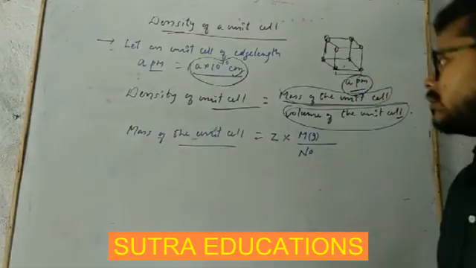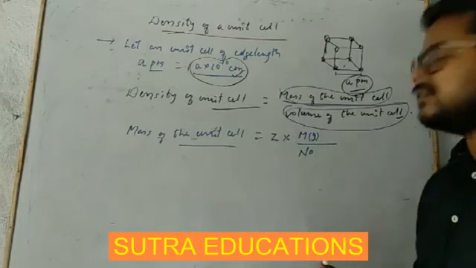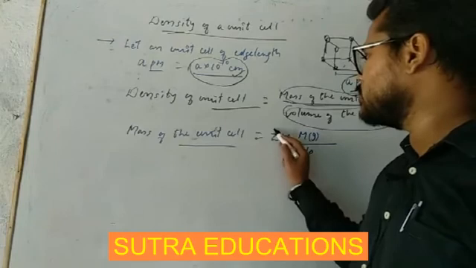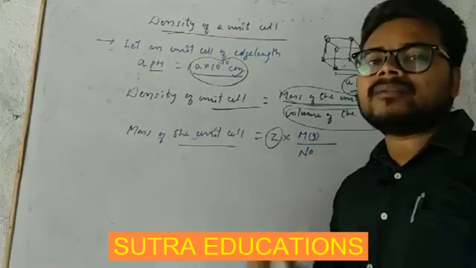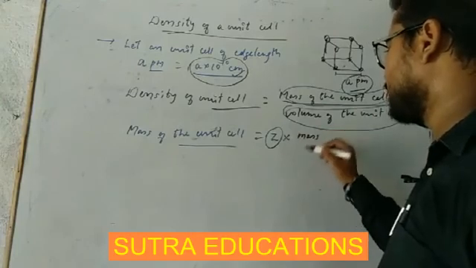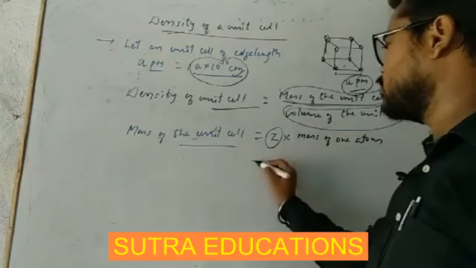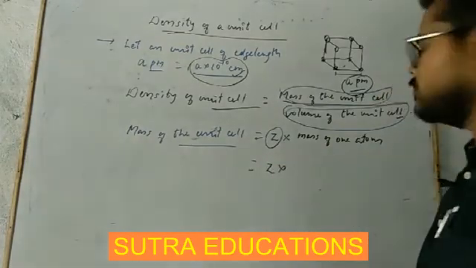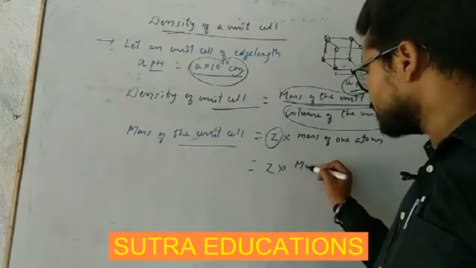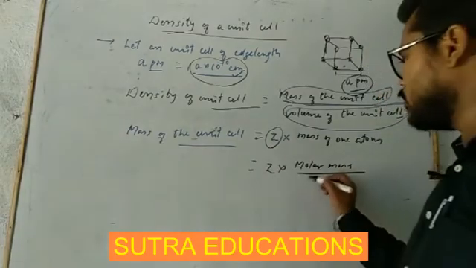So this is the mass of the unit cell: the mass of the atoms present. If there are Z atoms present, then Z multiplied by the mass of one atom. In the next step, the mass of one atom will be given by its molar mass upon Avogadro number.